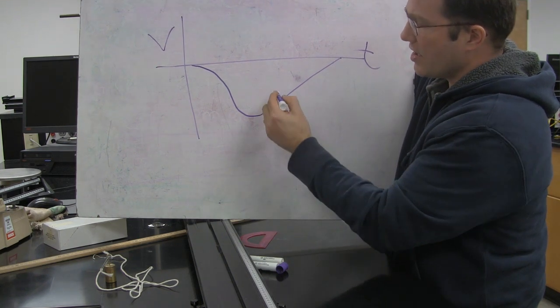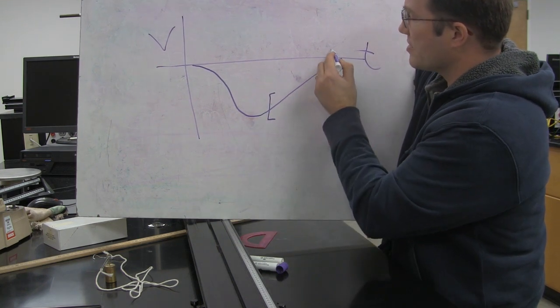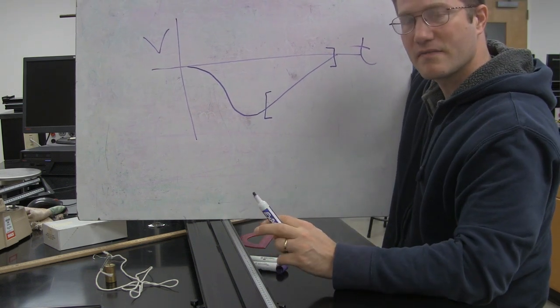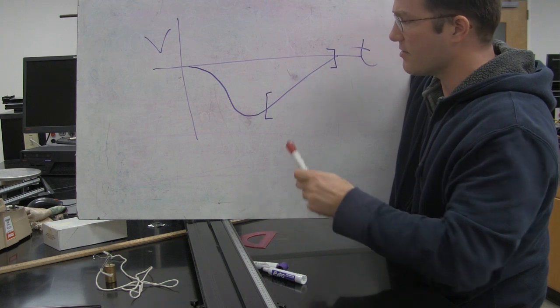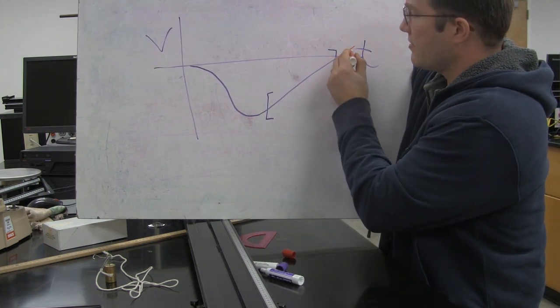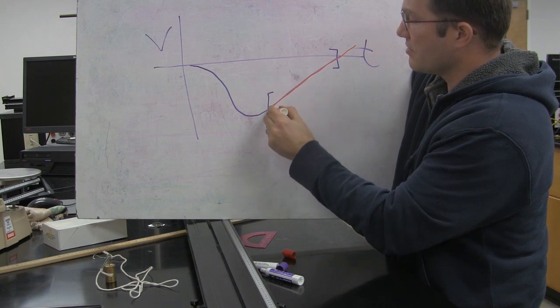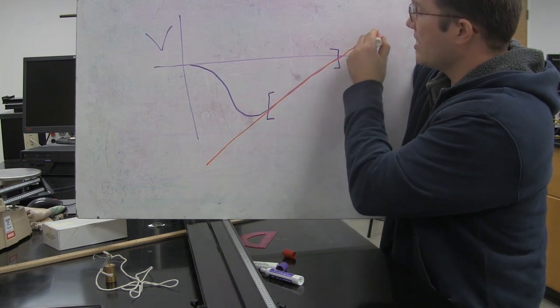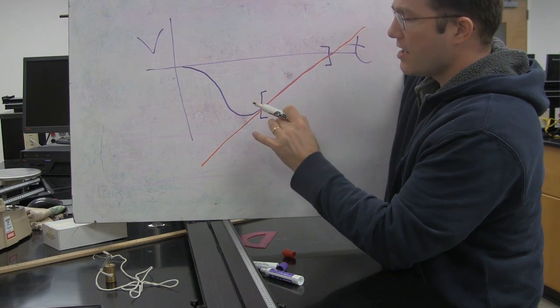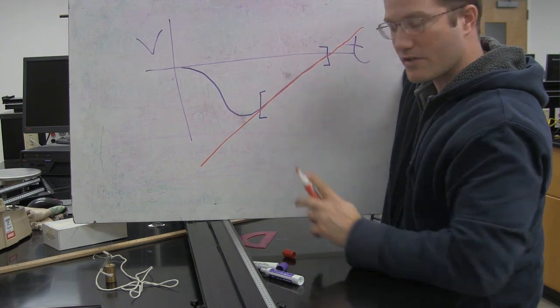And if I look at just this portion of the graph, when it was slowing down back to 0, it did so at a fairly constant rate. So I can fit that with a linear curve fit, and the slope of that is acceleration. It slowed down with a constant acceleration.